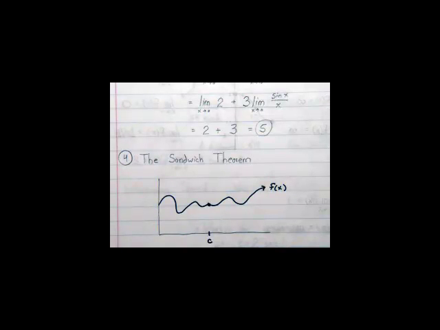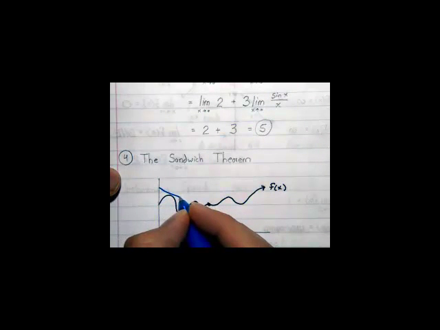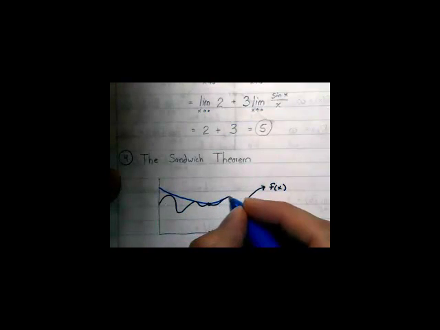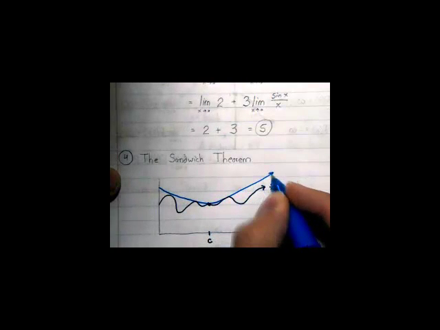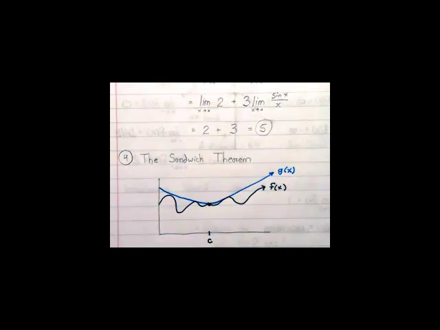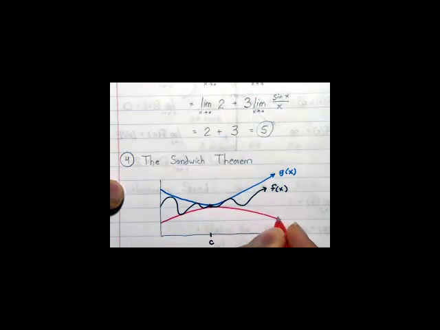But I am aware of this other function, g of x, that is always above this function up here. And I'm aware of this other function, call it h of x, I guess, that is always below f of x. Like that.